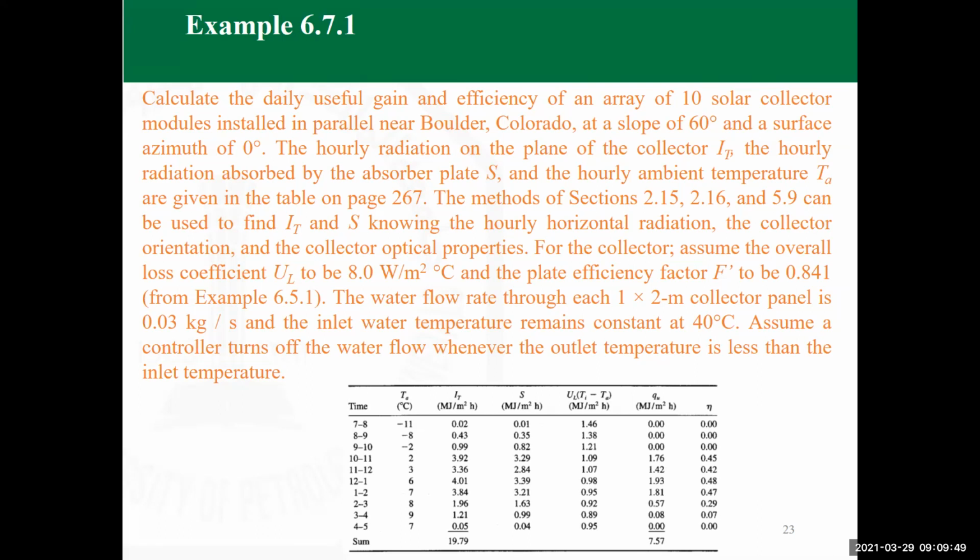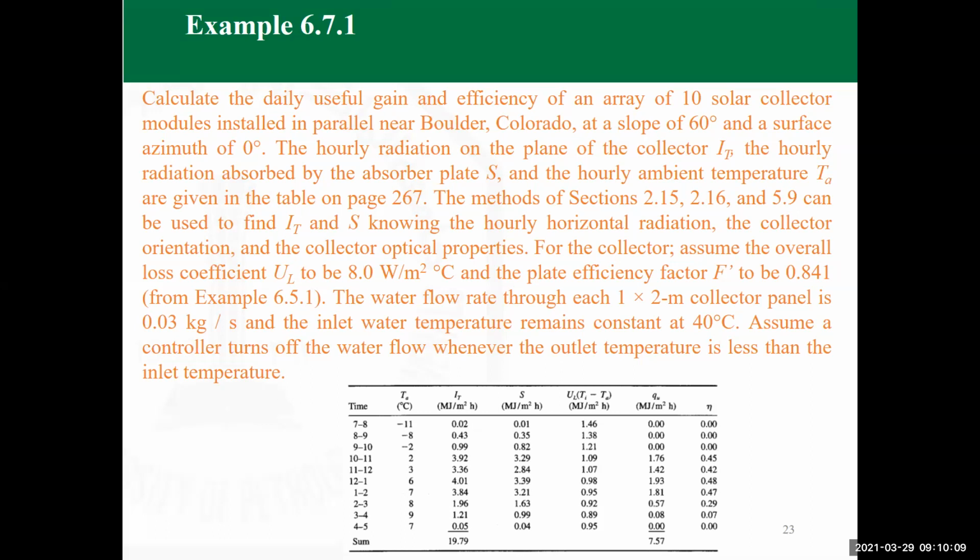The value is given here as 8 watt per meter square. The plate efficiency factor, for which we have seen an example of how to calculate using an equation or a figure, is given as 0.841. This is from the previous example 6.5.1 that we have solved.